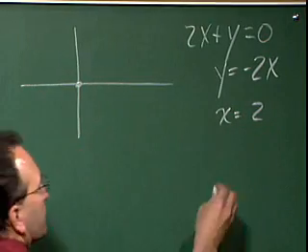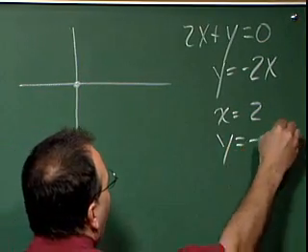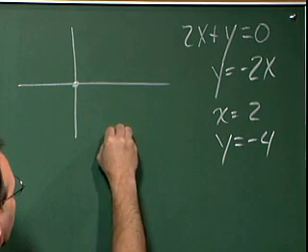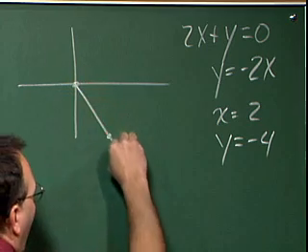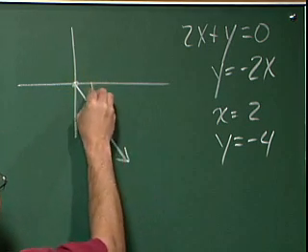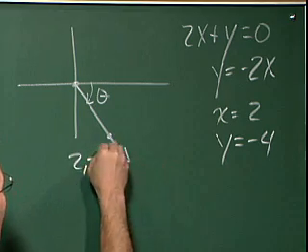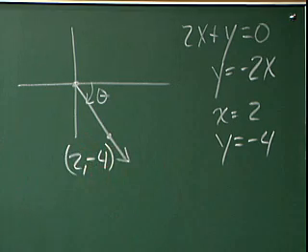If x is equal to 2, that tells me y is equal to negative 4. So I would have the point on the terminal side of this angle theta as being 2, negative 4.